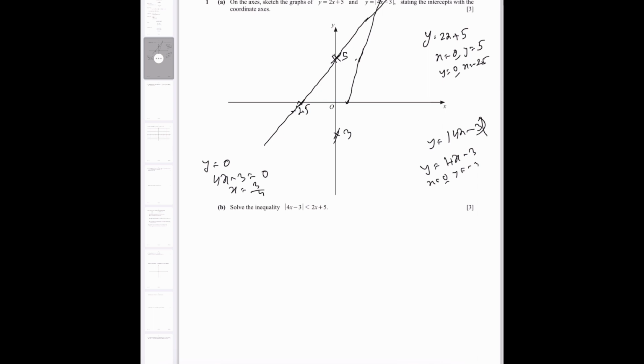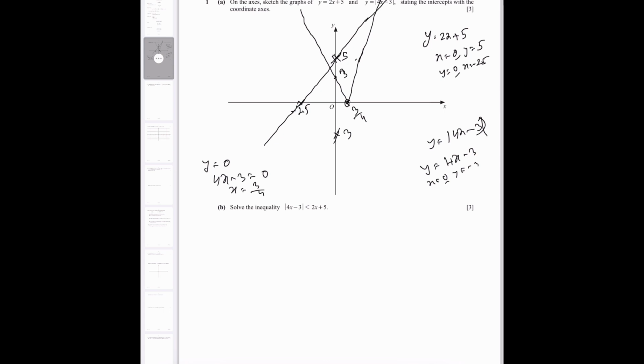Let me put 3 here and then join that. So this is the graph for y equals modulus of 4x minus 3. The points are 3 and 3 by 4. So I mentioned all the points on the coordinate axes.